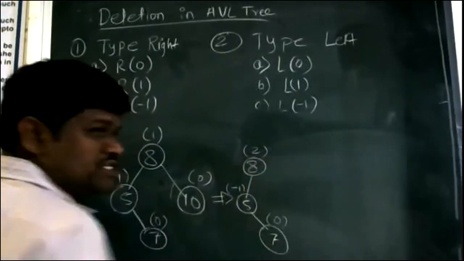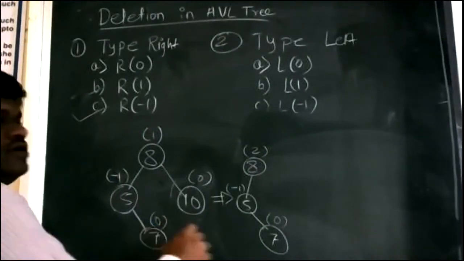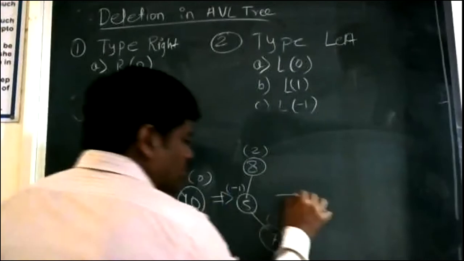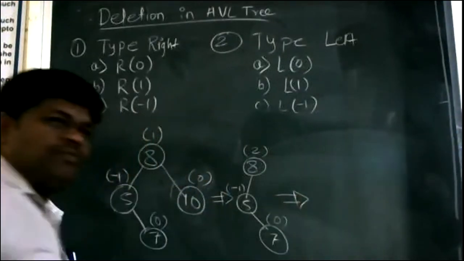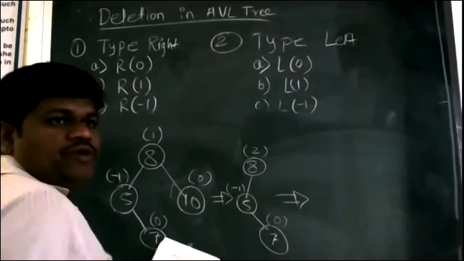Now is it balanced? No. After deletion of this 10, this is unbalanced. Now what type of rotation do you need to perform? Left, right. So here you need to perform a double rotation, right?